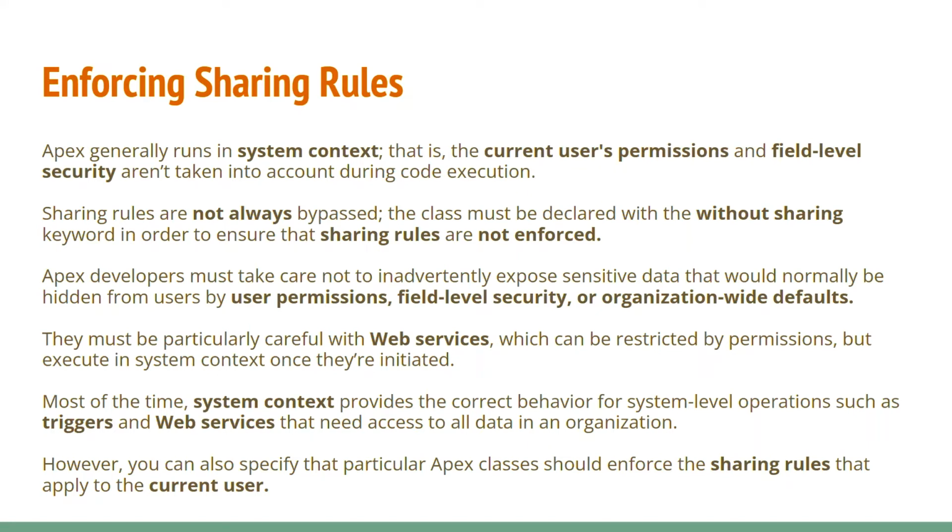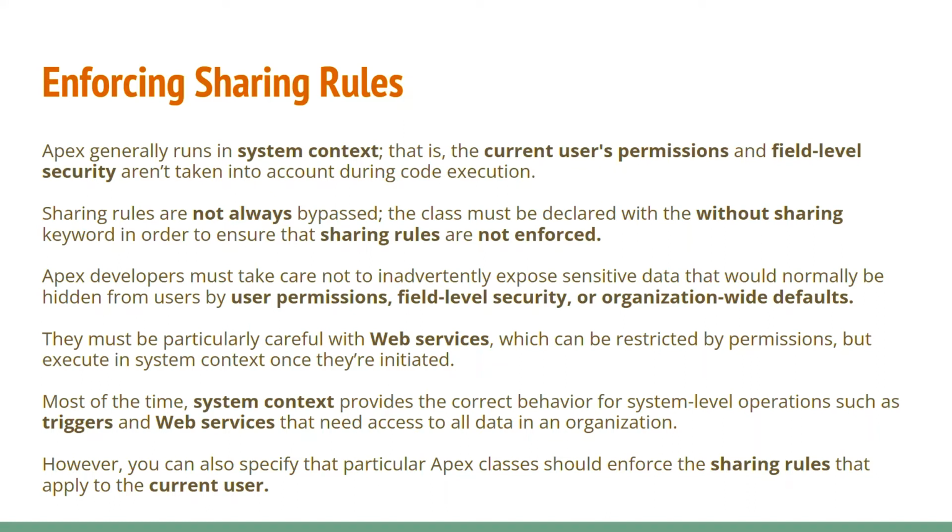And sharing rules are not always bypassed. If the class is declared with the keyword without sharing, then the sharing rules will be bypassed. But if the class is defined with the sharing keyword, then the rules will not be bypassed and they will be enforced.